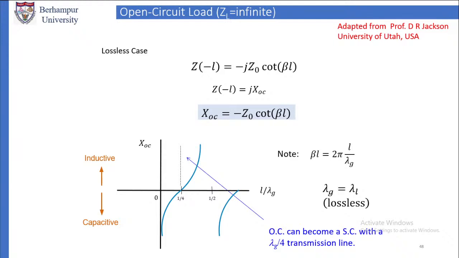From L by lambda g equal to 1 by 4 to 1 by 2, it will be inductive. From 1 by 2 to 3 by 4, it will be capacitive. This way it will keep on repeating itself every lambda g by 4.